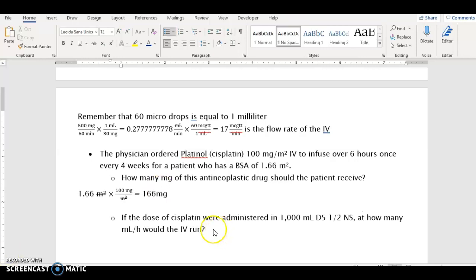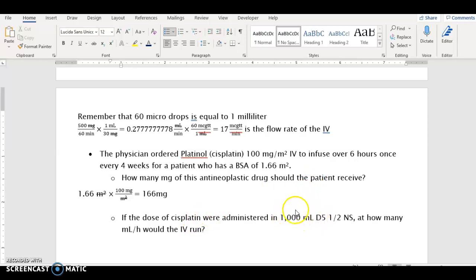The second part of the question says if the dose of the drug were administered in 1,000 milliliters of D5 half normal saline, so 5% dextrose and water, including the half normal saline, at how many milliliters per hour would the IV run? Once again, don't overcomplicate the problem because there's a lot of information here.